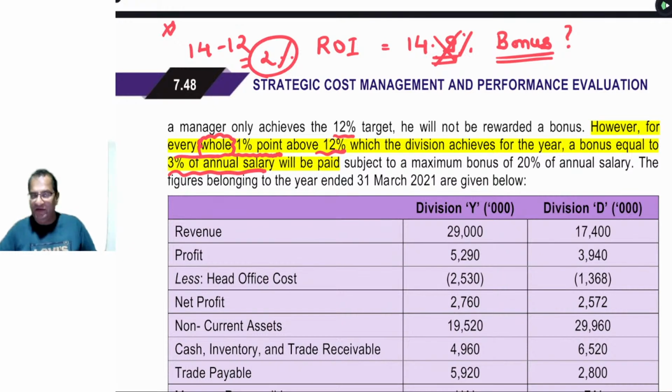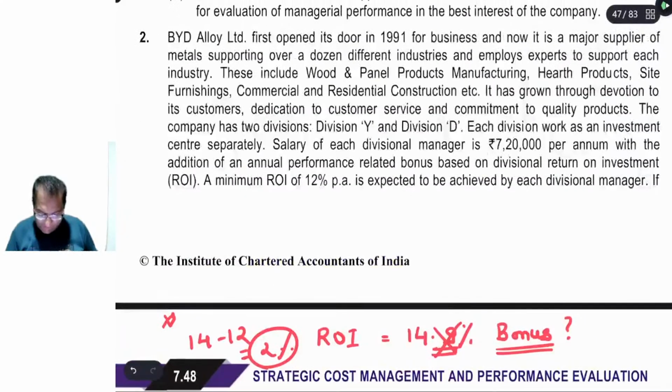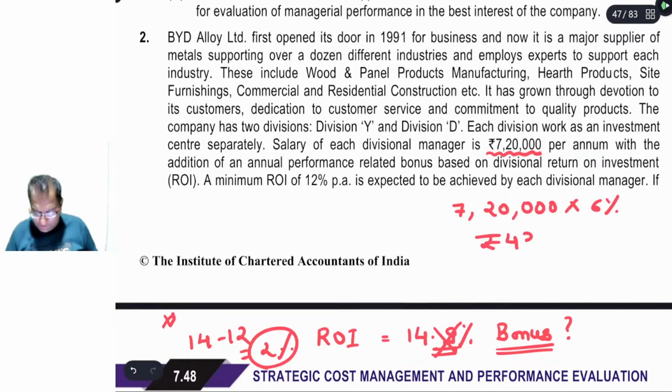So the ROI, if 14%, so for a 2% increase in ROI above 12%, they will be eligible to get a 6% annual salary bonus. So the annual salary is 7,20,000. So 7,20,000 multiplied by 6%, so it will be 43,200.